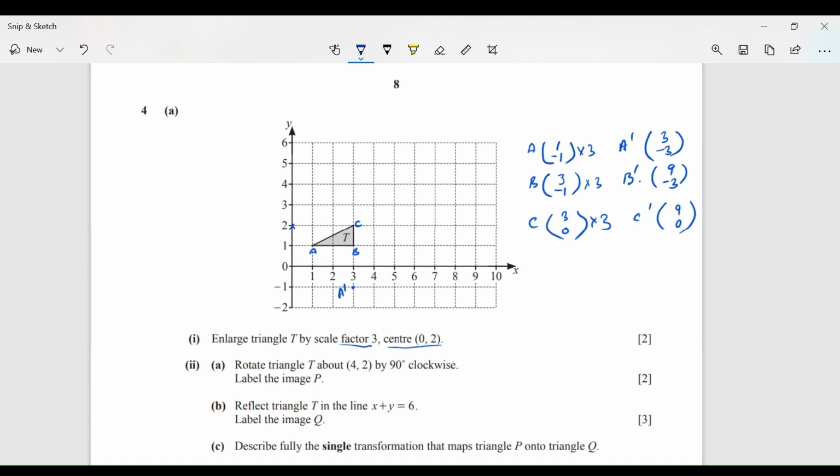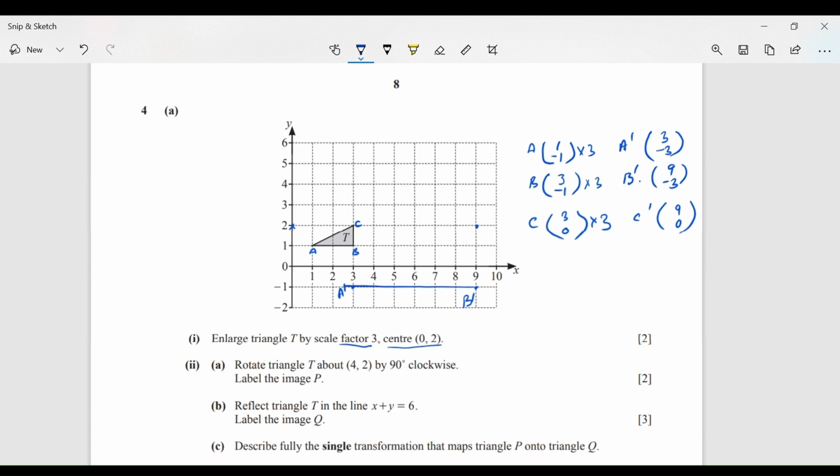Now B prime will be 9 and minus 3, 9 right and 3 down. This will be our B prime. C prime is 9, 0. Let us join these points.